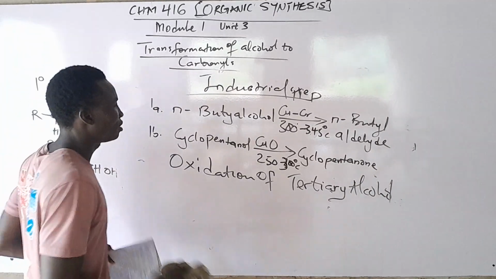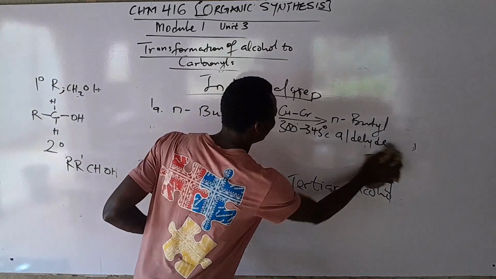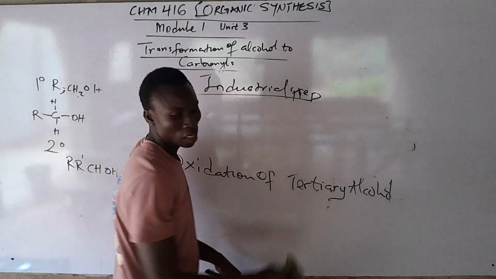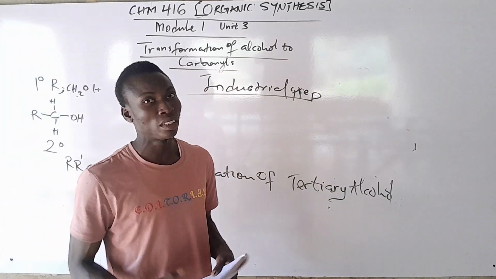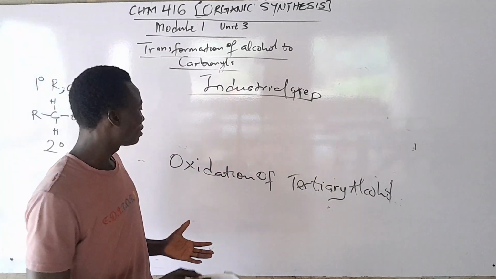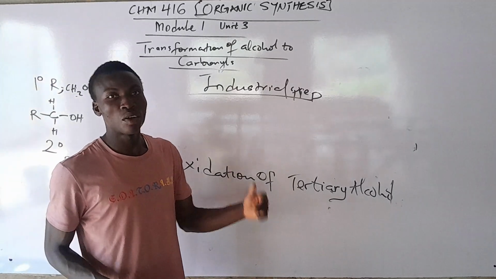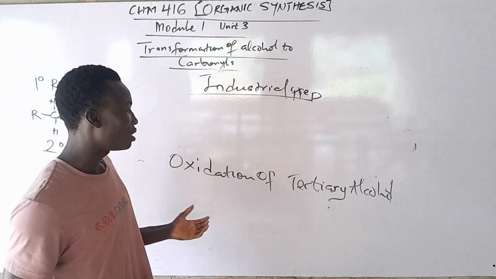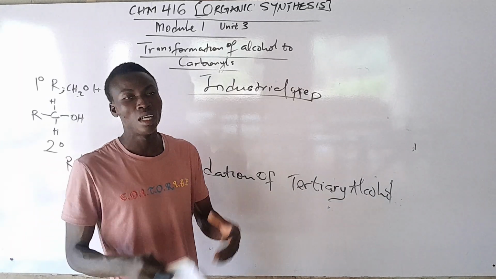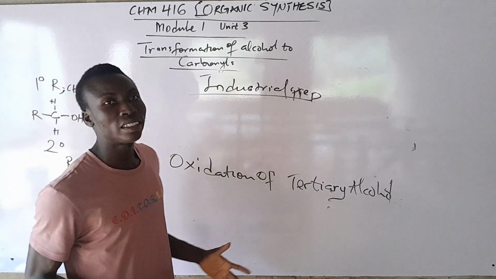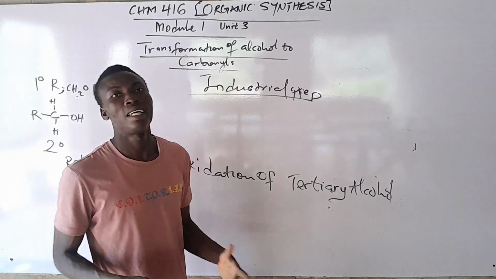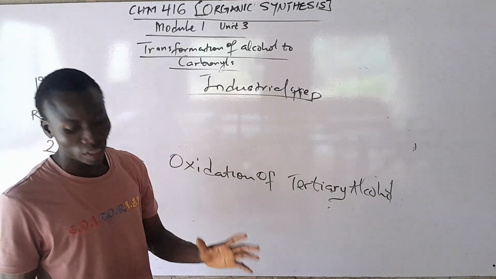So why? This is the reason. Let's talk about this carefully. I came across a past question from 2017 that says describe the oxidation of the tertiary alcohol. Another question from another year says why is it that the tertiary alcohol cannot be converted to aldehyde and alkanone. So this is the reason behind it.